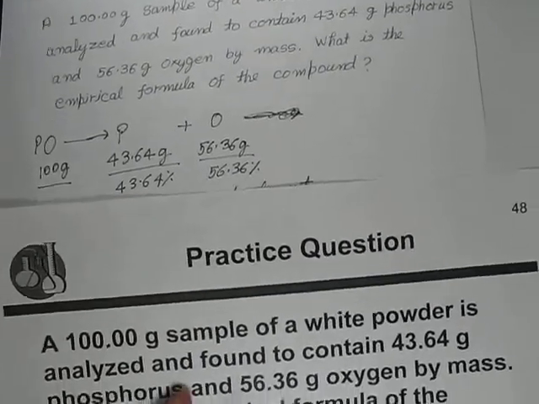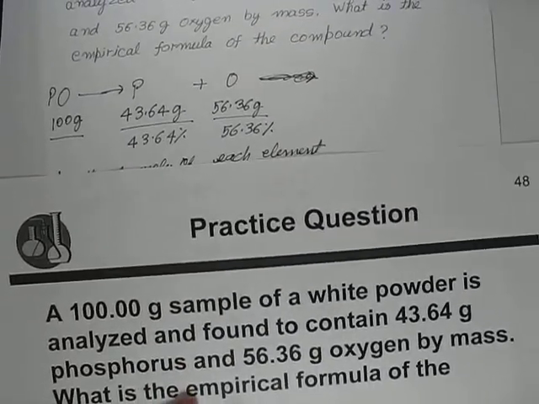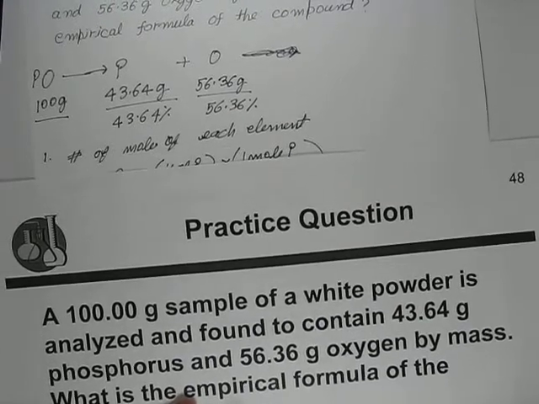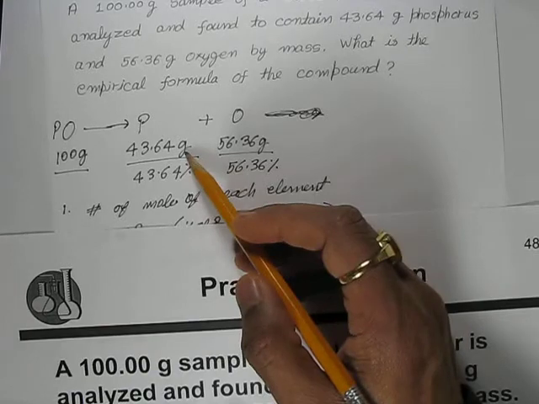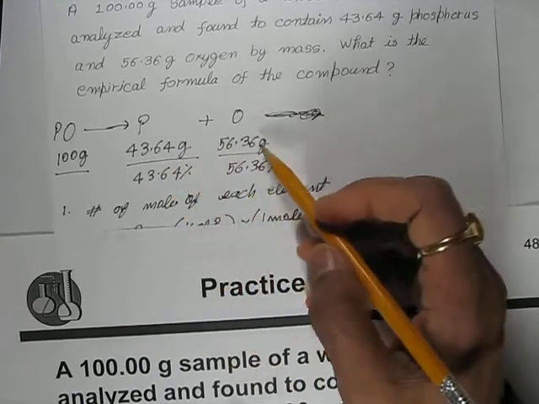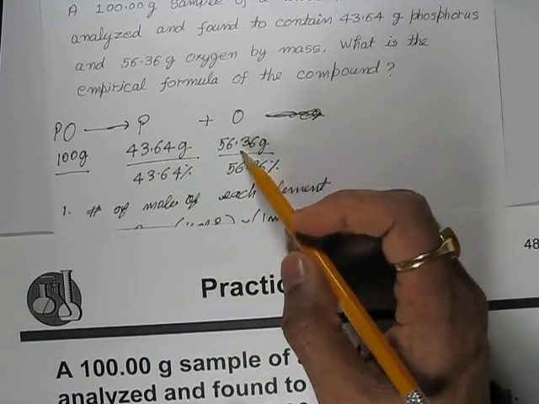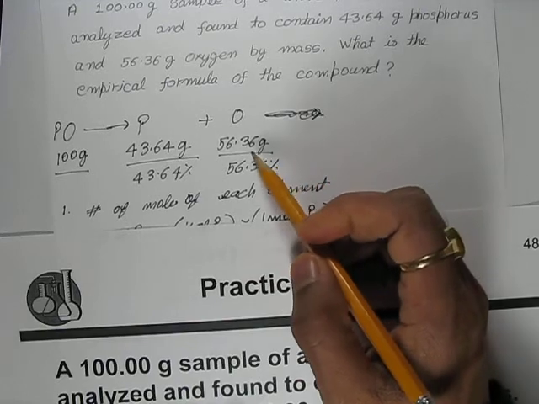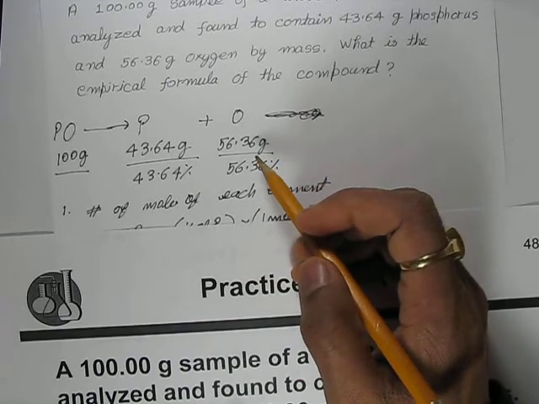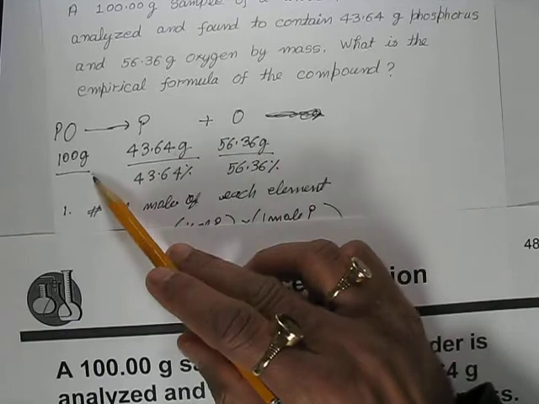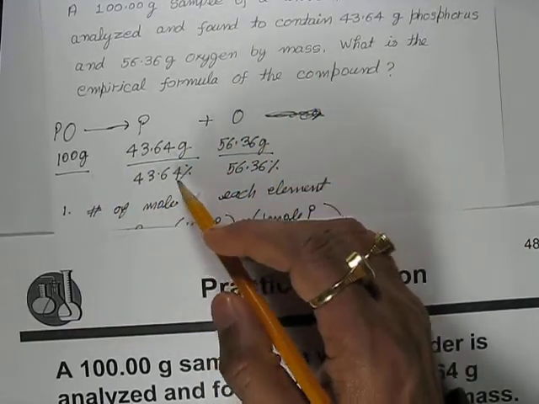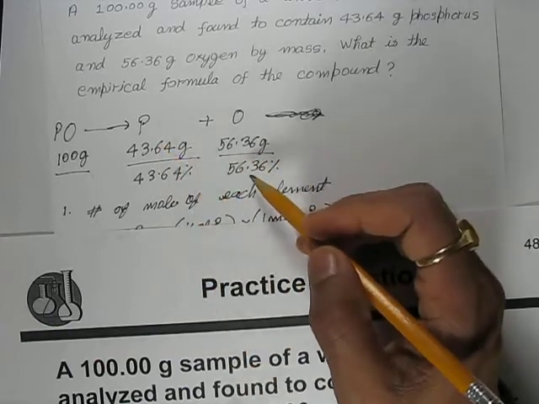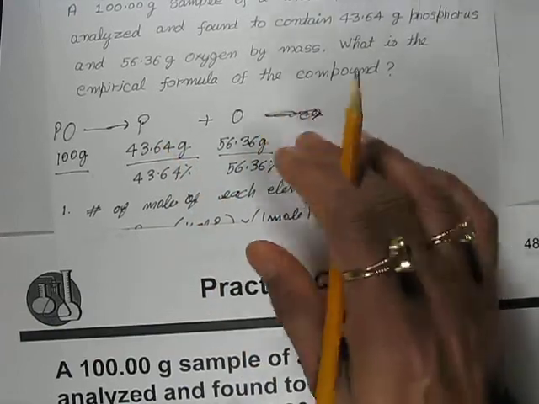So first, phosphorus and oxygen given quantities are 43.64 and 56.36 gram, and if we add these two, this will be exactly 100 gram. So you can say that 43.64% of phosphorus is there and 56.36% of oxygen is there.